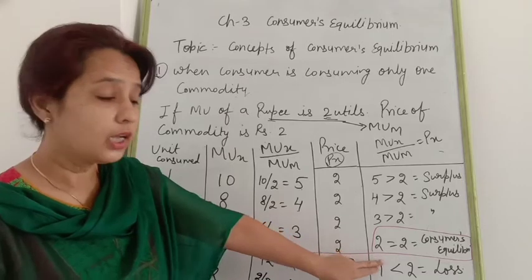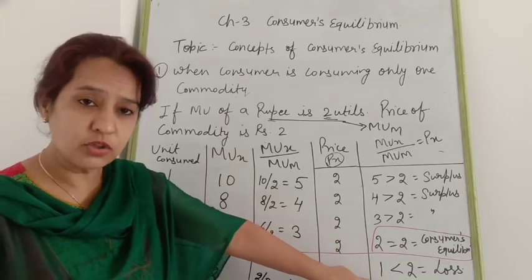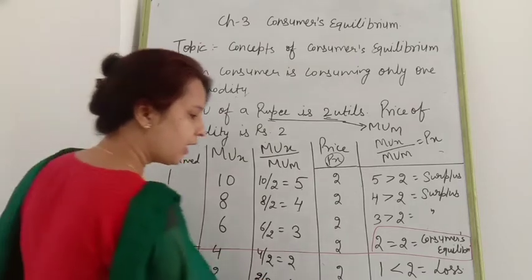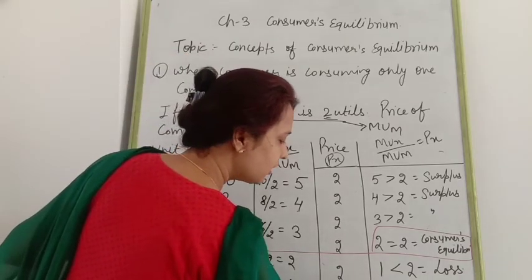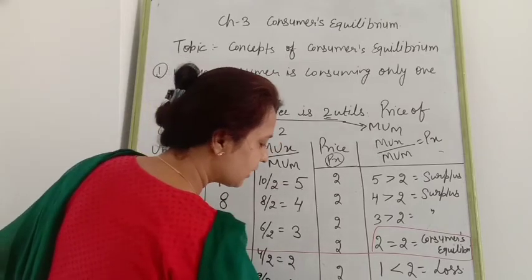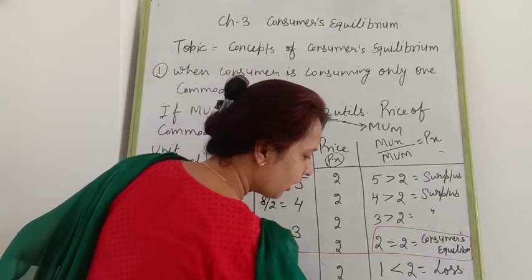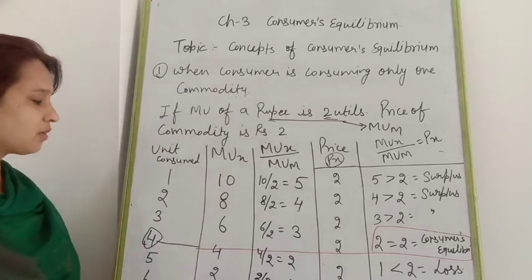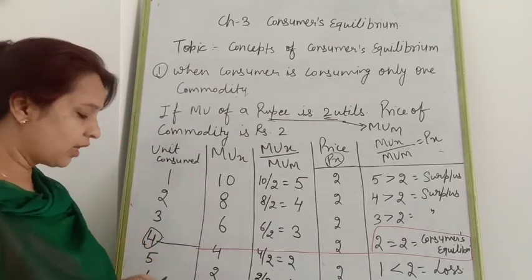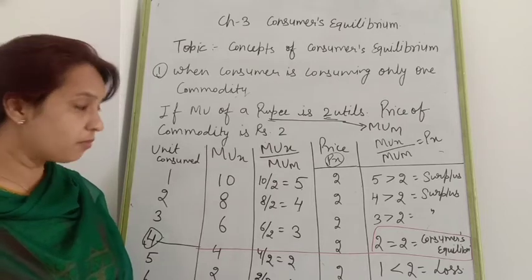After this point he will not consume more units. You can see very easily, after that at every point he is going to get a loss. That is also -1, and he is going to get a loss. So at what point will he stop consumption? At the fourth unit. So this point is known as the consumer equilibrium point.